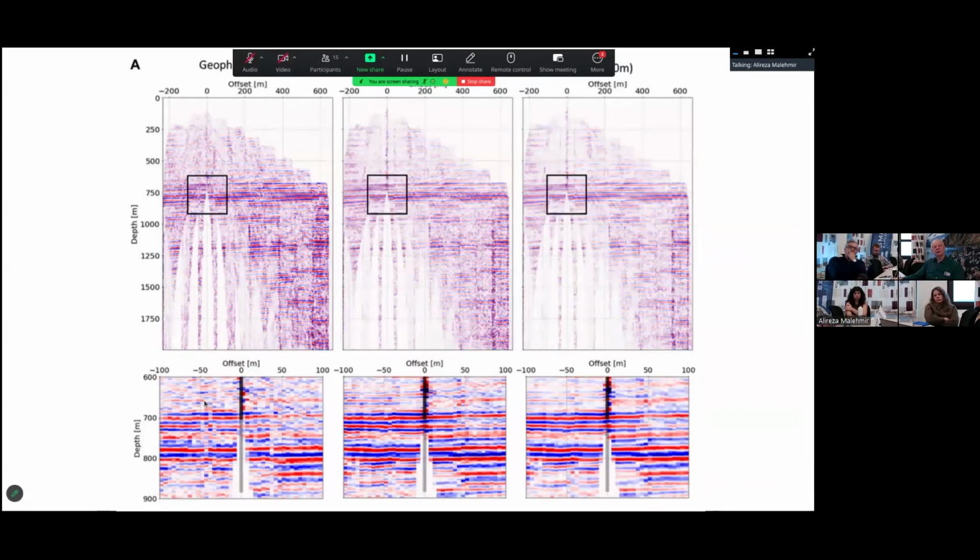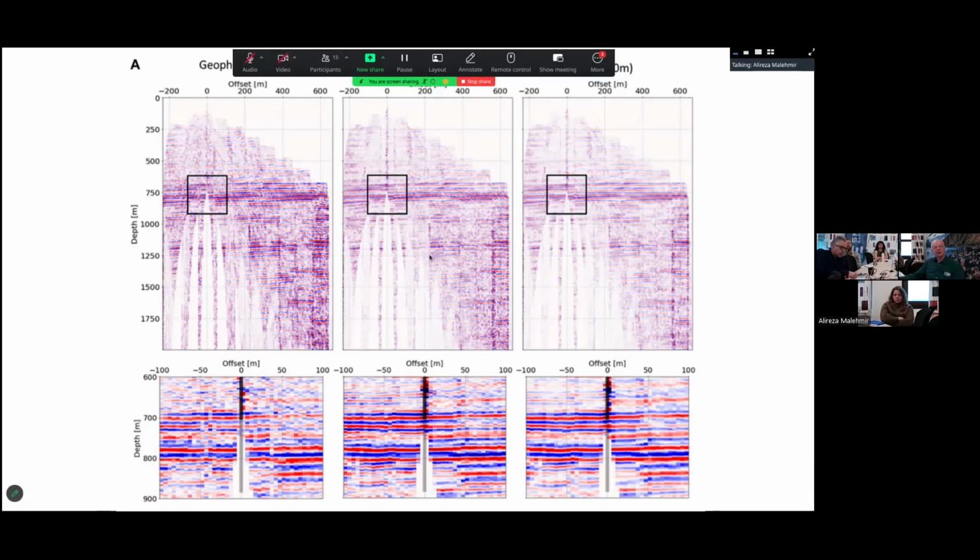One more slide on this, showing the data now transformed into what we would call a VSP CDP transform. So what you're looking at now is something that would correspond to a surface seismic section. And again we have the geophone here.